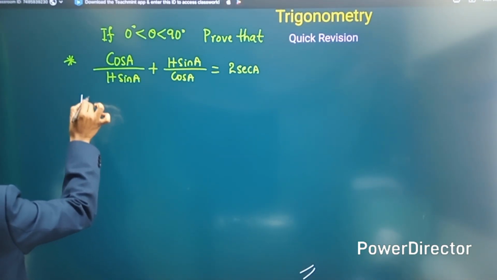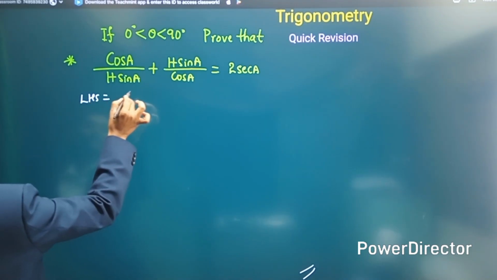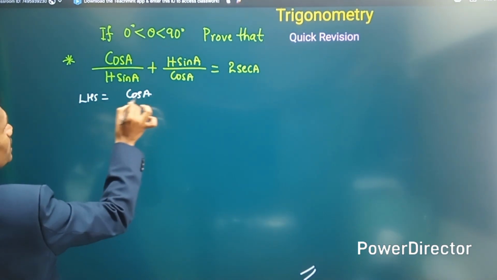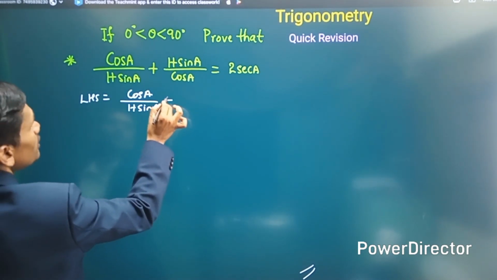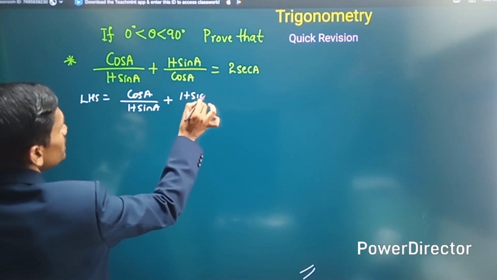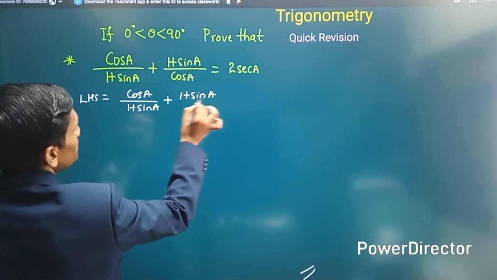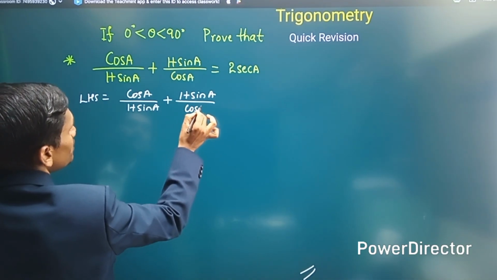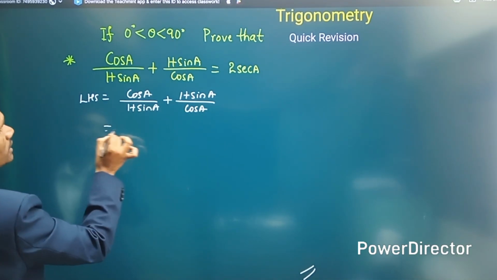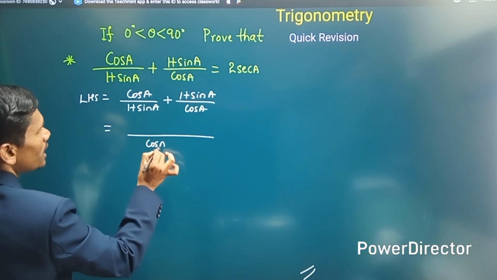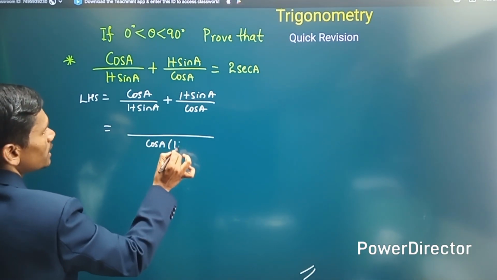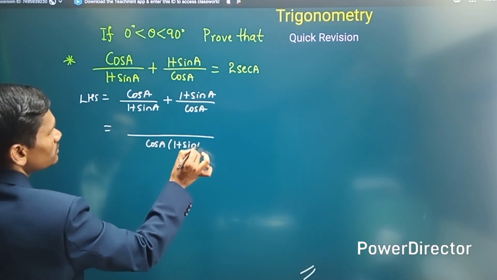So what do you get? LHS is equal to cos A upon 1 plus sin A plus 1 plus sin A divided by cos A. You have to write this over the LHS first. Coming to this, here if you take LCM, you are getting cos A into 1 plus sin A. How are we taking LCM?